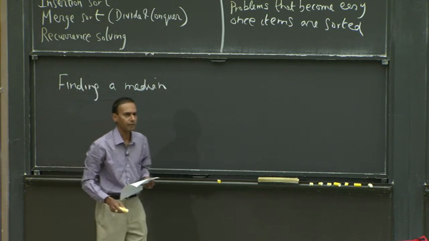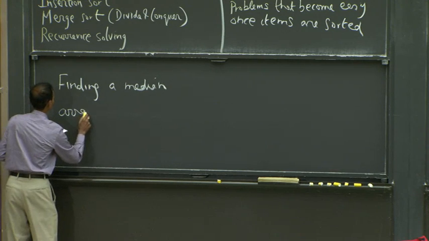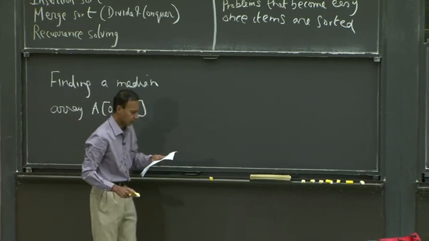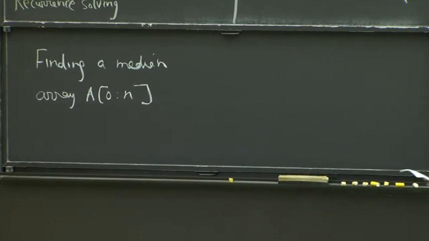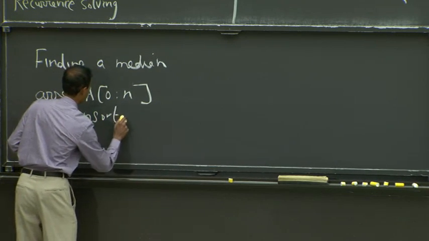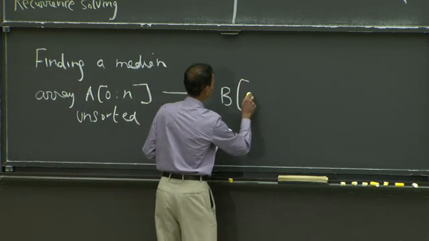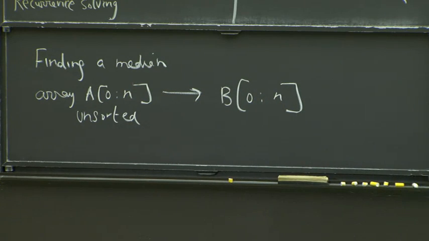So let's say that you have a bunch of items in an array A[0 through n], and A[0 through n] contains n numbers, and they're not sorted. When you sort, you turn this into B[0 through n], where if it's just numbers, then you may sort them in increasing order or decreasing order. Let's just call it increasing order for now.